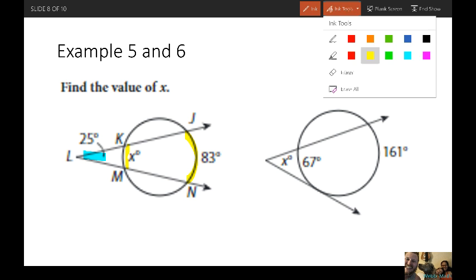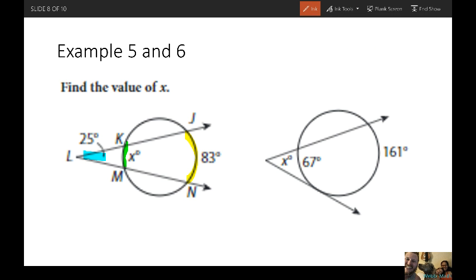So there's the setup. We have 25 degrees equaling half of the bigger arc, 83 degrees, minus the smaller one, which is just left as x. Notice how I'm using the same setup, it's just the numbers that come and go.